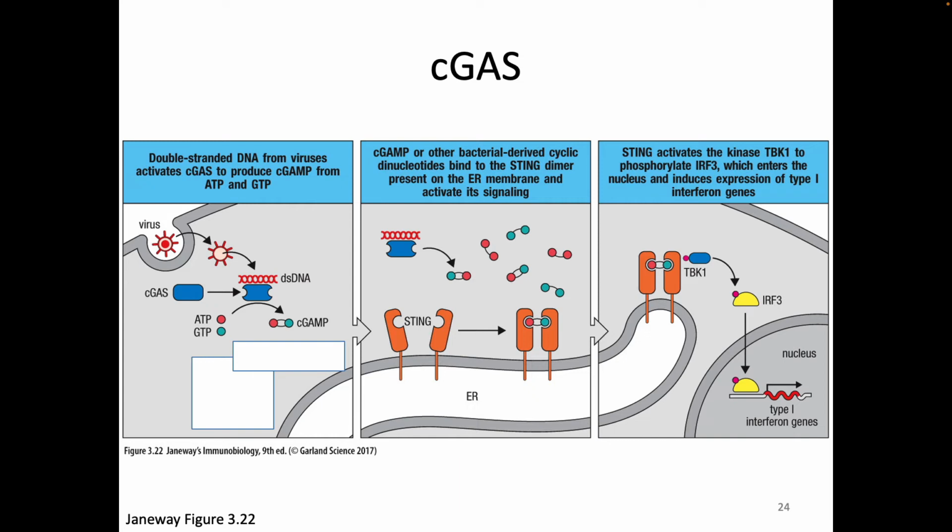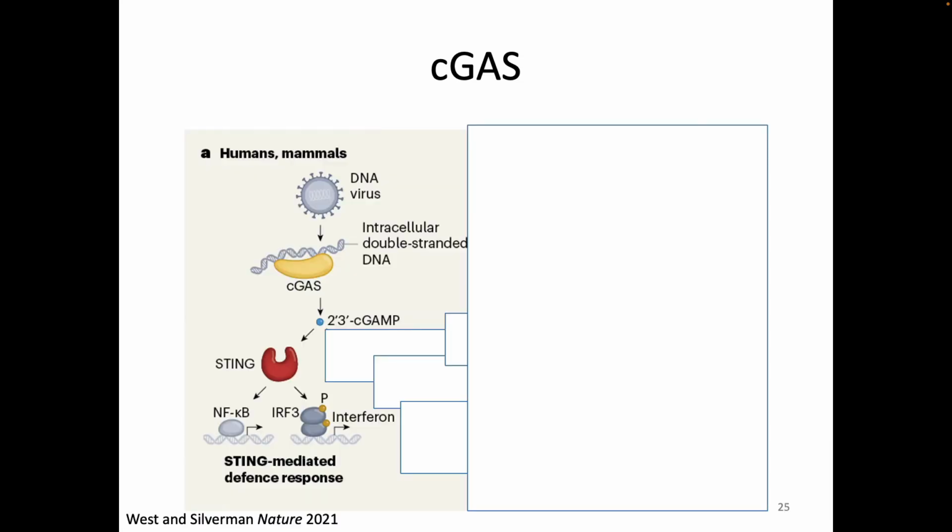So I mention it here because you can see similarities to the ALRs in that we're seeing some cytosolic sensing of DNA, signaling to IRF, making interferons, even using some of the same intermediates, STING. And so this is another way that you can see, here's cGAS, it makes its small molecule, we get some signaling. In reality, yes, it does do a little of both, IRF and NF-kappa B, and we get our defense.